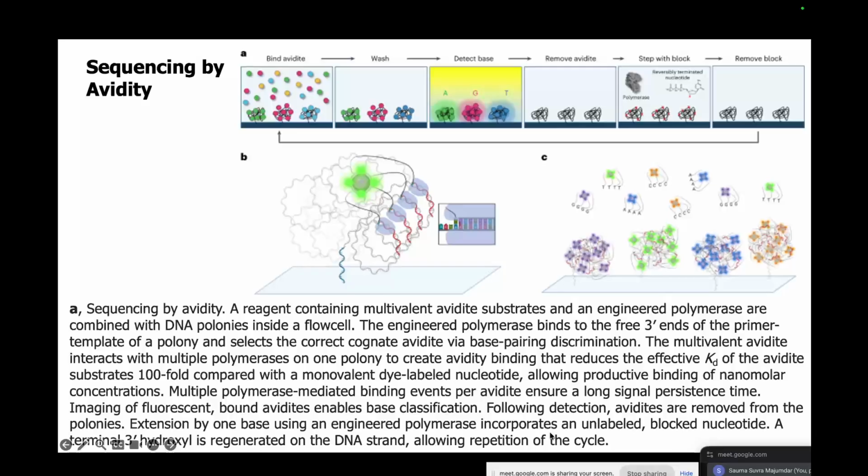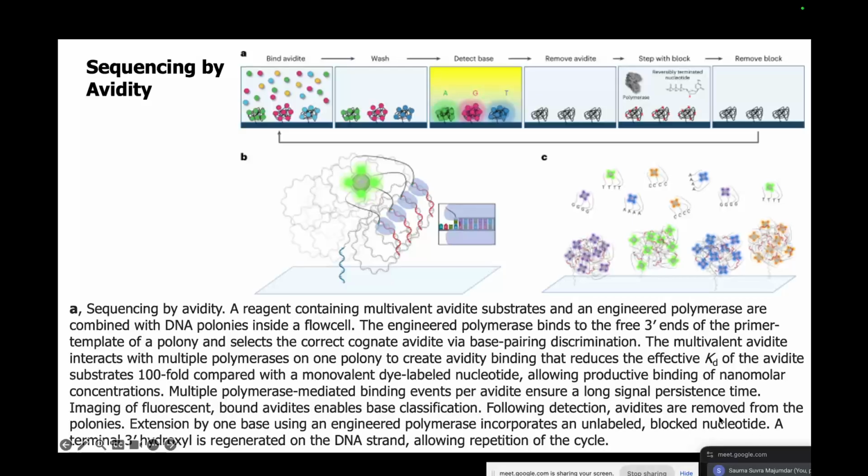So at one step you capture all possible kinds of nucleotides that are present for that step, and after that is done, you remove all these avidites, and then you do the second step for the second set of nucleotides, right?